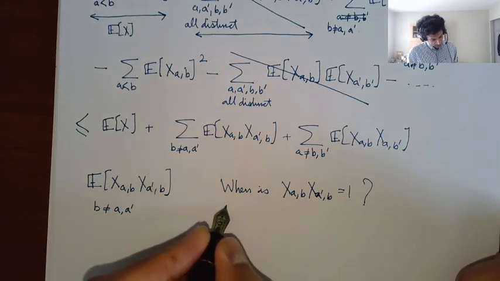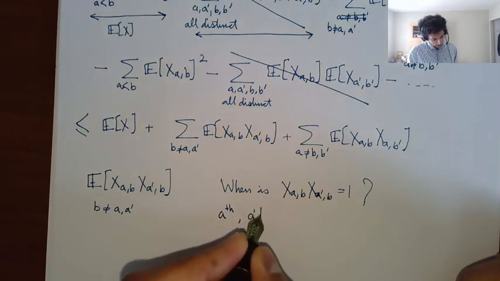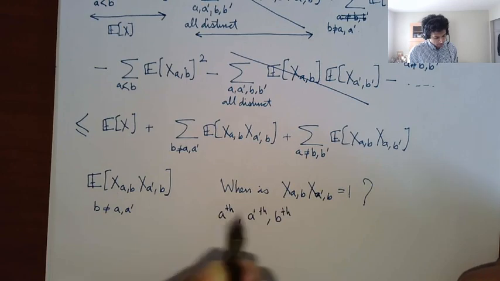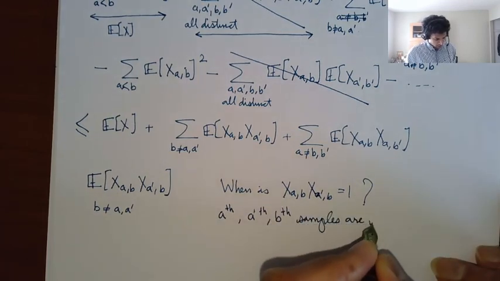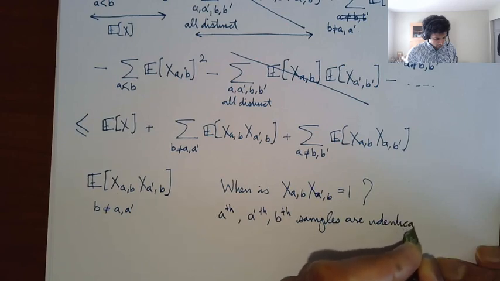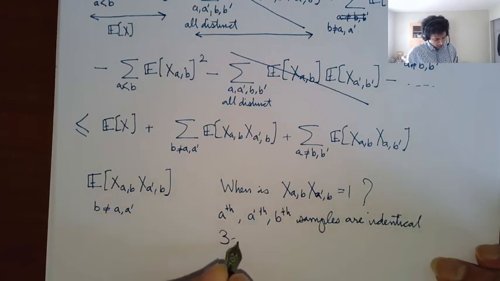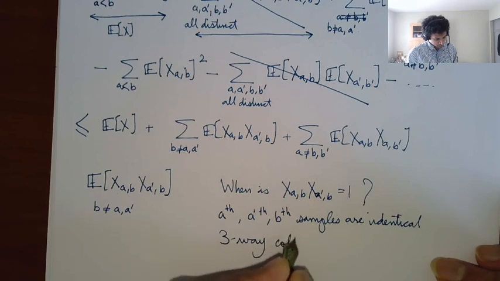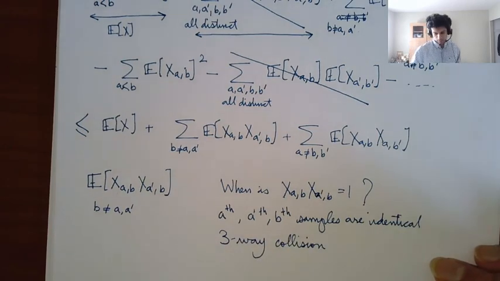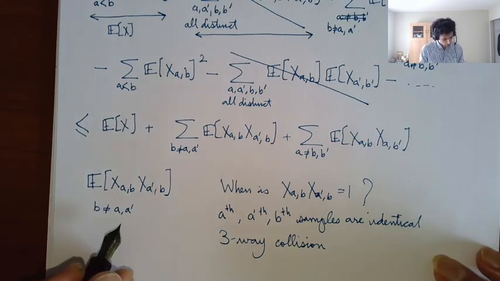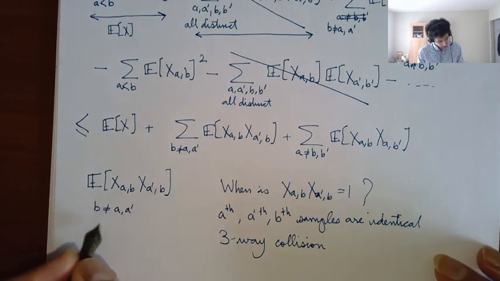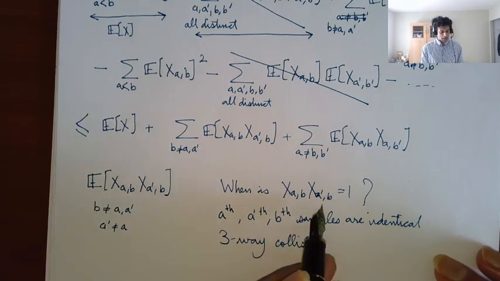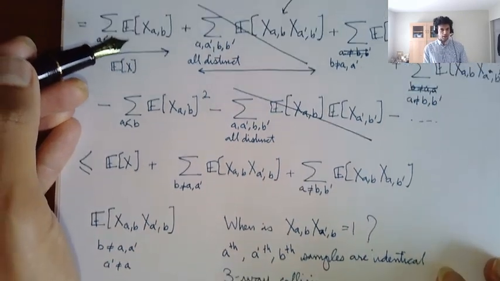So the A, A prime and the bth samples are identical. This is a three-way collision. In this case, can A prime equal A? No. I should also, yeah, you're right that A prime is also not equal to A, because if A prime was equal to A, that would be handled by this term here.